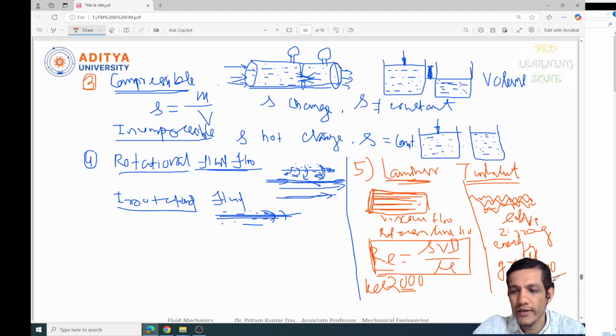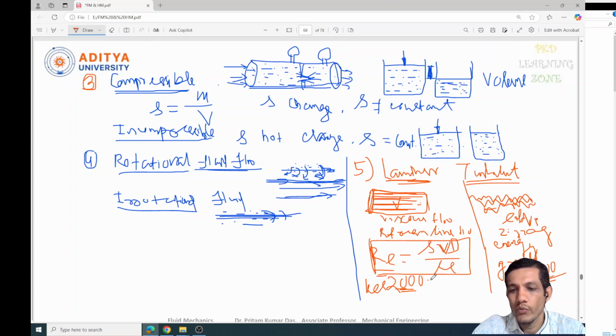So how can we find this value? We consider the density, the velocity, and the diameter. The diameter, density and viscosity are fixed; only the velocity changes. So velocity plays a crucial role in identifying laminar or turbulent flow. If it is less, then laminar; if it is more, then turbulent.